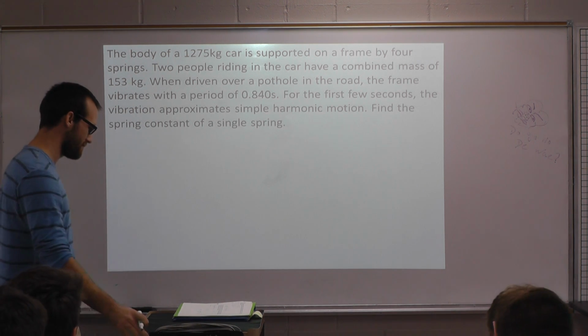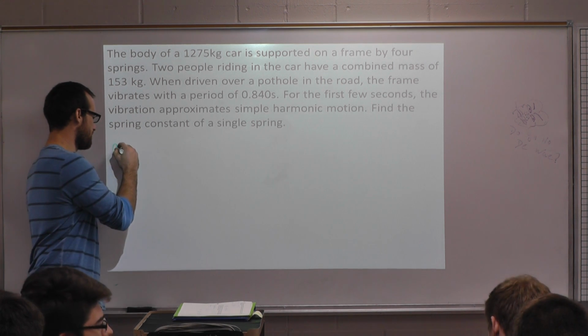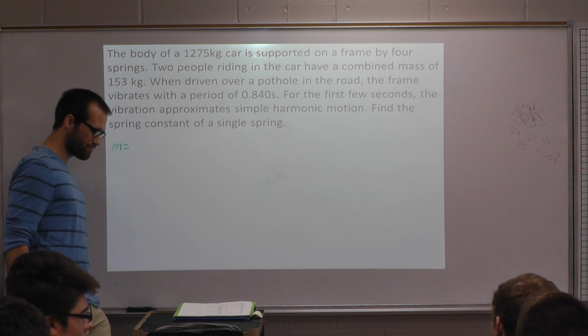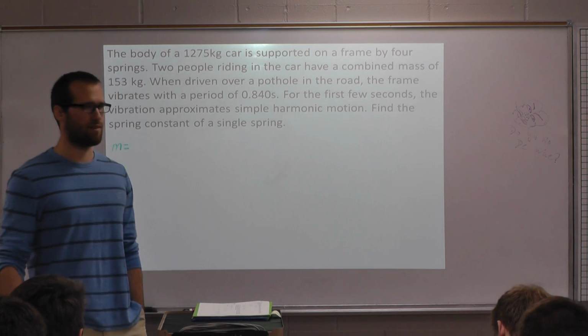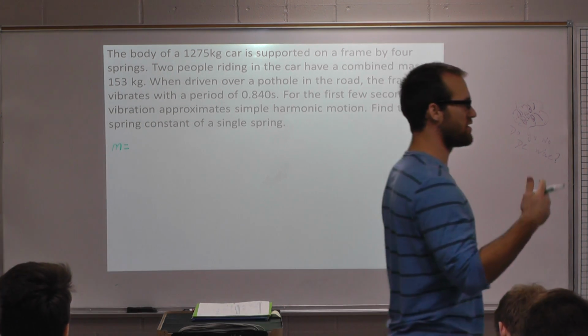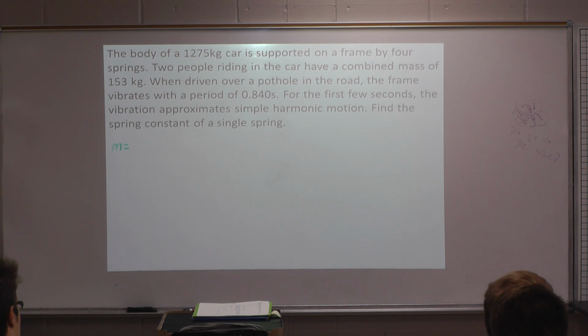Why do you divide by 4? We need to find the mass. Because it says 4 springs. The car has 4 springs. We need to find the mass here. This is where it gets a little tricky because I'm trying to find the spring constant of one spring, although it should be the same for all springs, right?